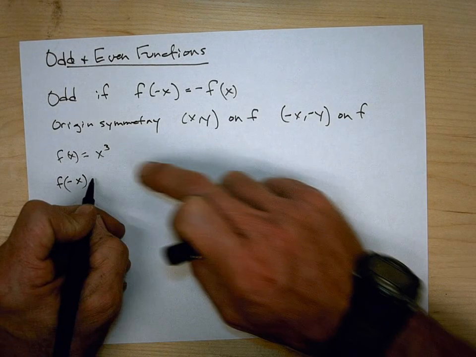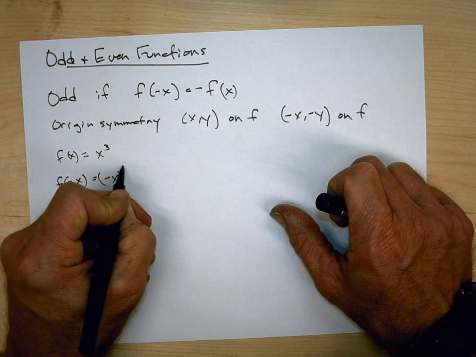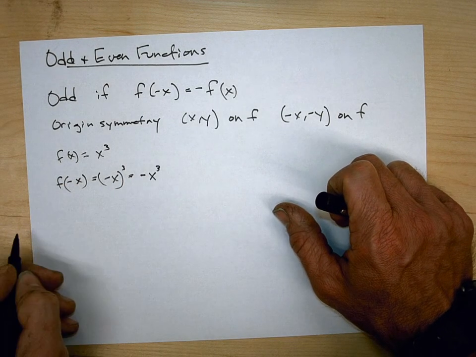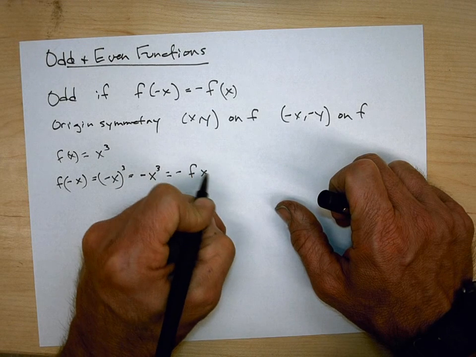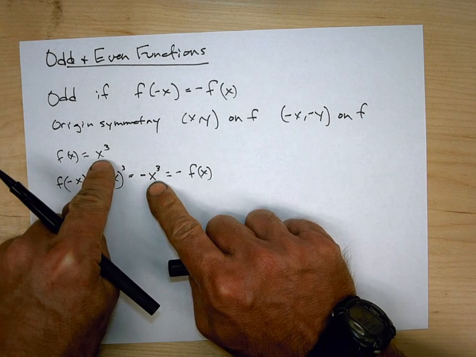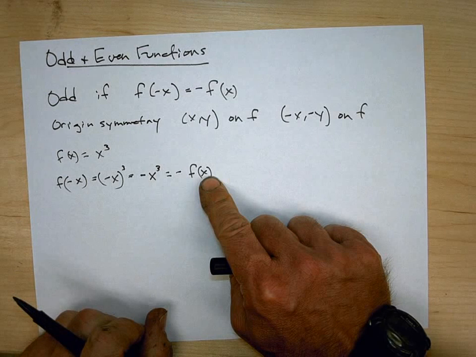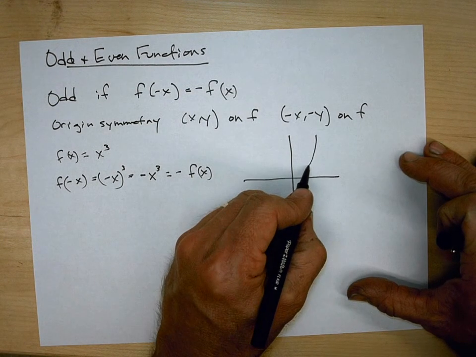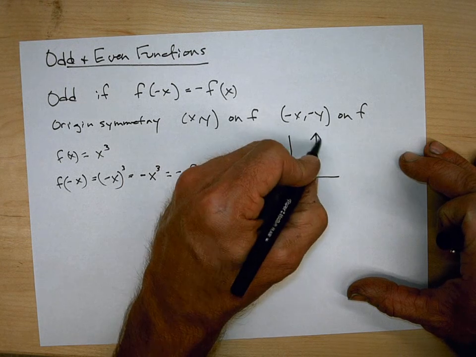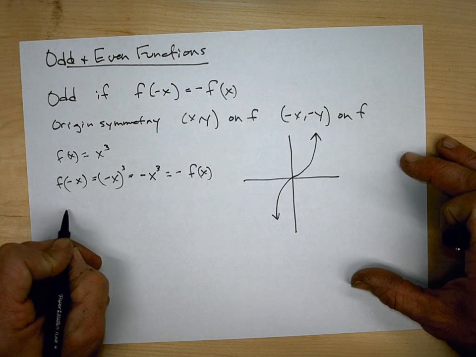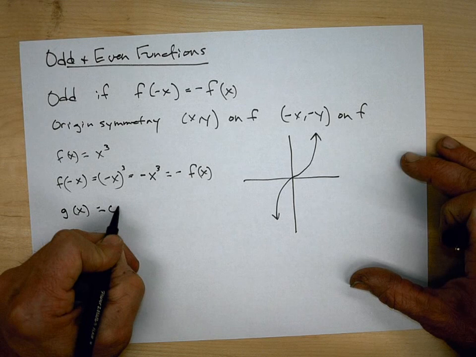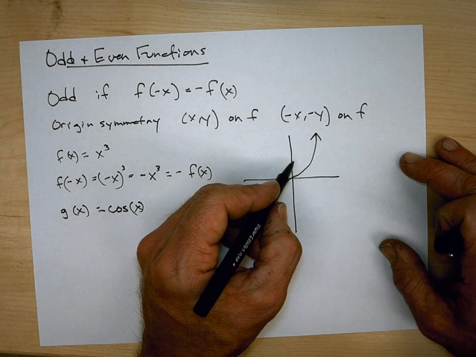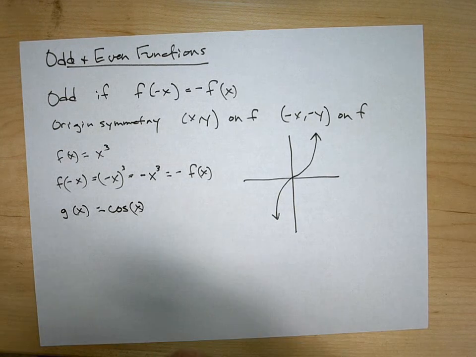So if I put in negative x, I cube it, that indeed gives me negative x cubed, and that's negative f of x, since x cubed equals f. So again, the symmetry with the origin looks like this. Another common function that has this property is cosine of x. Anyways, that's all I want to say about the odd function.